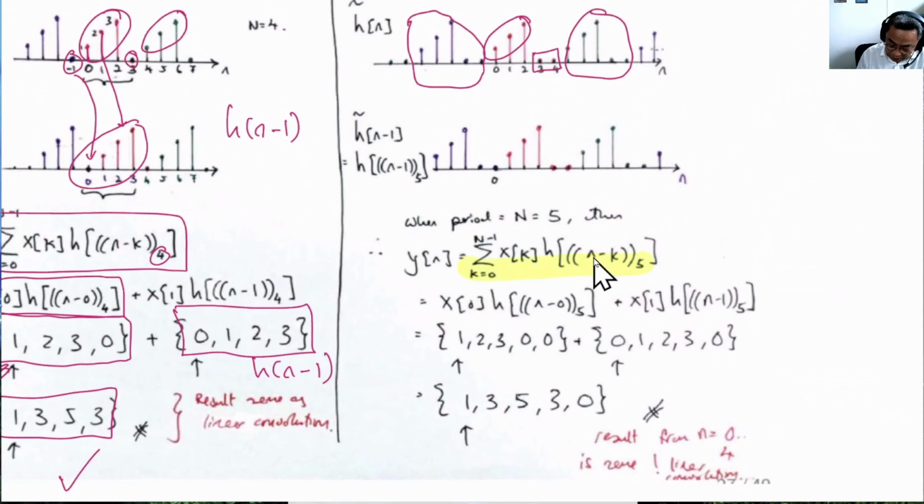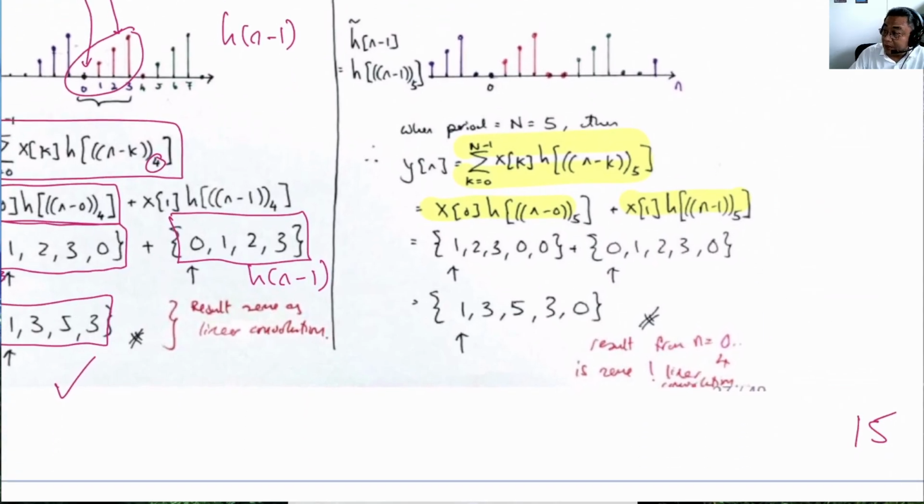We are only really interested in what happens for the delayed version of h[n]. So this is h[(n-0) modulo 5], h[(n-1) modulo 5]. So again, when we keep capital N equals 5, the output of this is 5 samples, while this previous one is 4 samples.